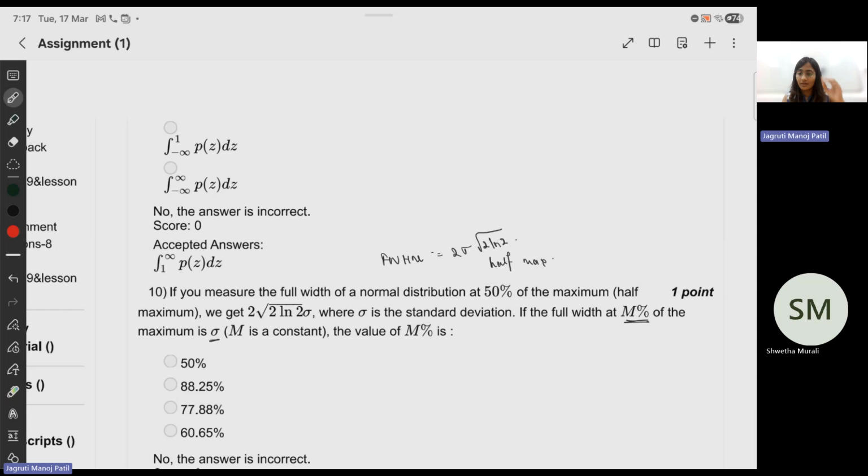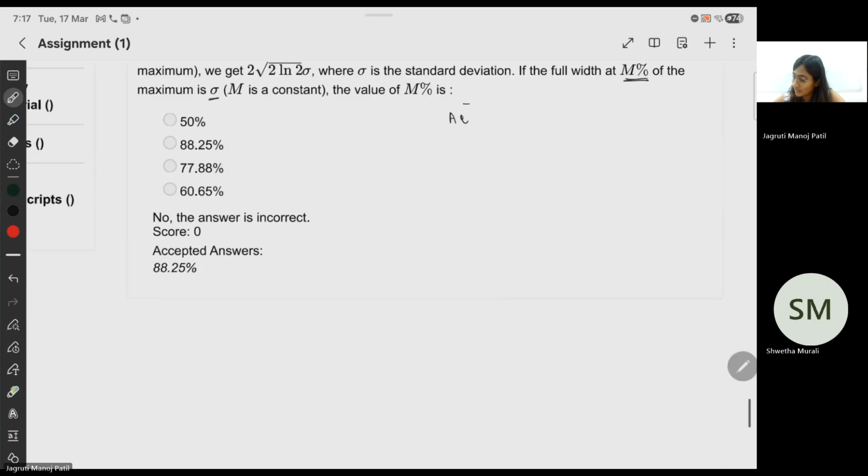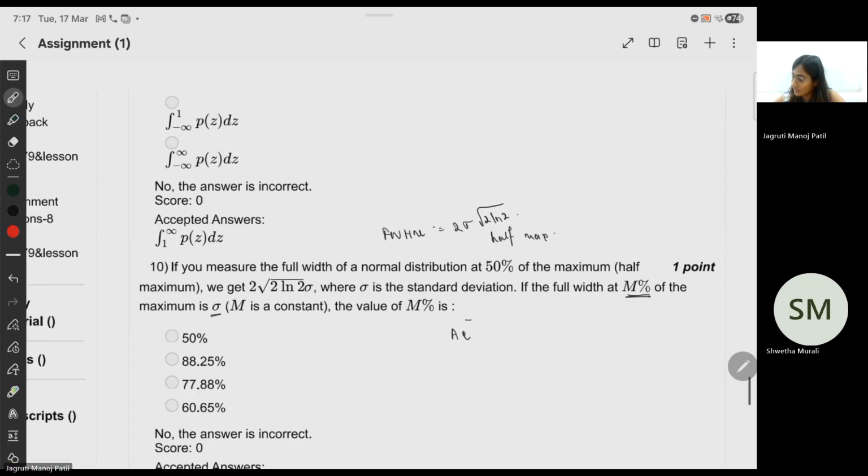So let's say you write a distribution being given to you, any such distribution, as A e power minus (x minus x naught) whole square by 2 sigma square, right?